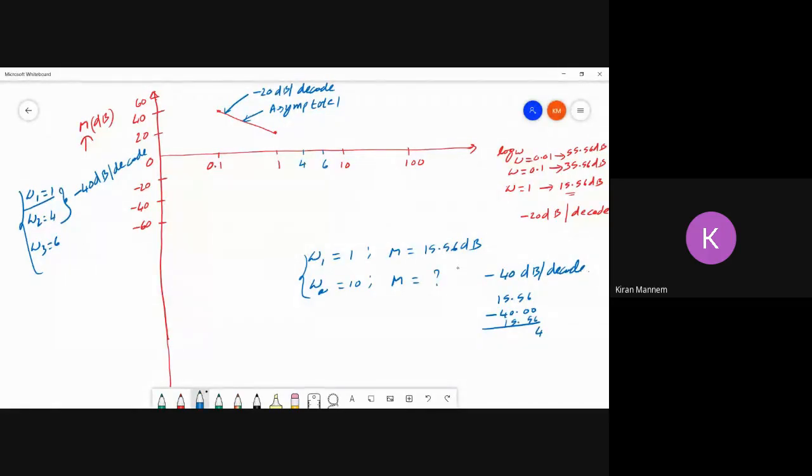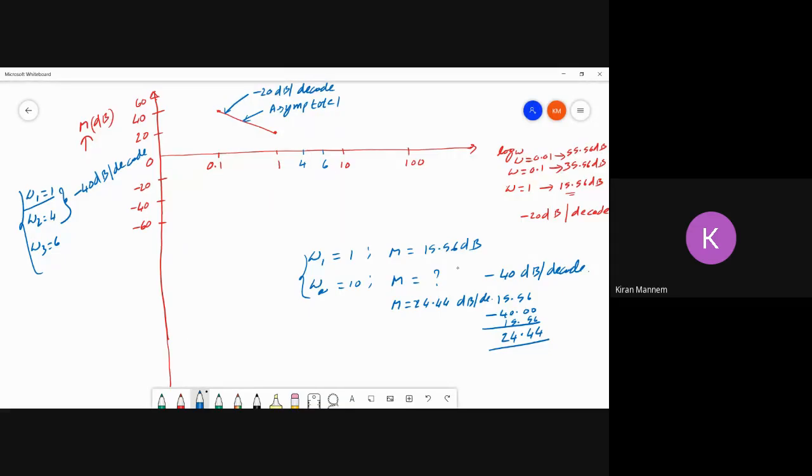It is 4. So what's the magnitude? Magnitude would be 24.44 dB per decade with slope of minus 20 dB per decade.